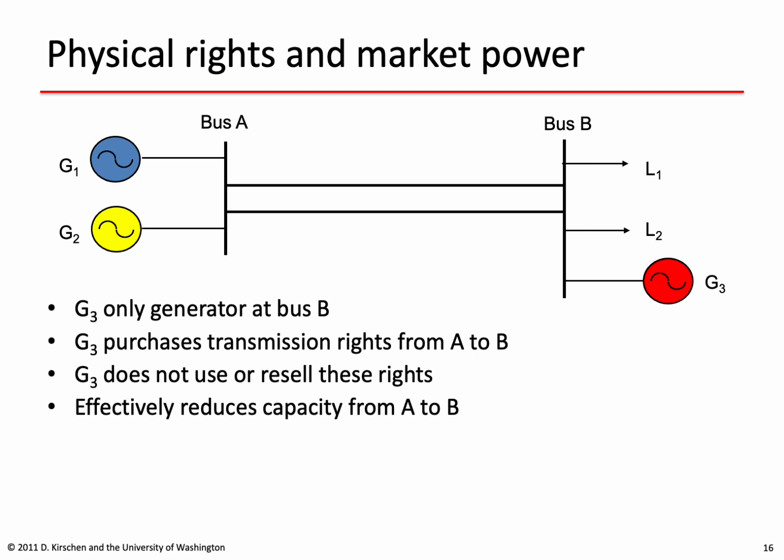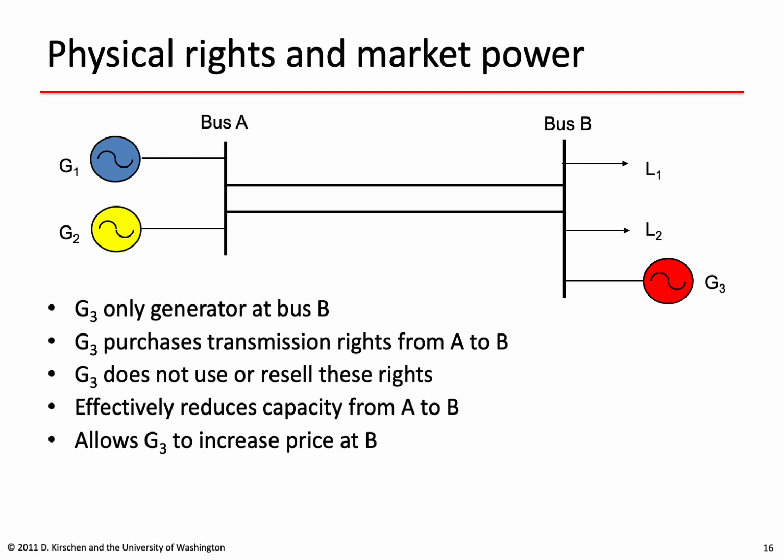The consequence of that is that it would effectively reduce the transmission capacity from A to B because G3 would own these rights. Because G3 has reduced the transmission capacity from A to B, it is now able to increase the price at B. It has essentially created a little pocket where it has a lot of market power.